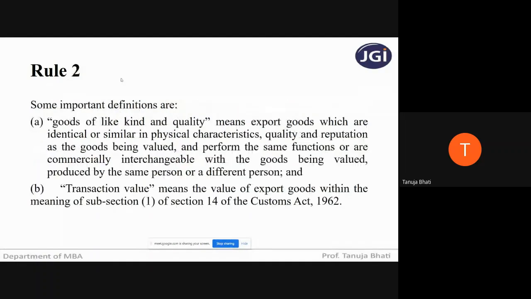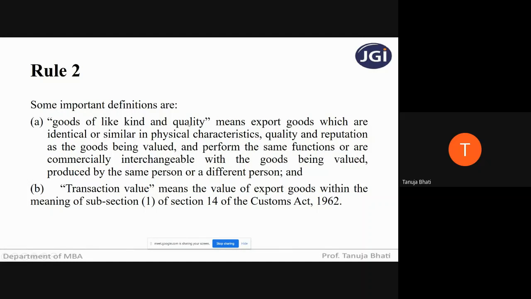Rule number 2 talks about certain important definitions. I've covered 2 important definitions here, and likewise, when we move to the different rules, I will tell you the meaning of different terms. The first important definition covered in rule number 2 is goods of like kind and quality. What does this mean?